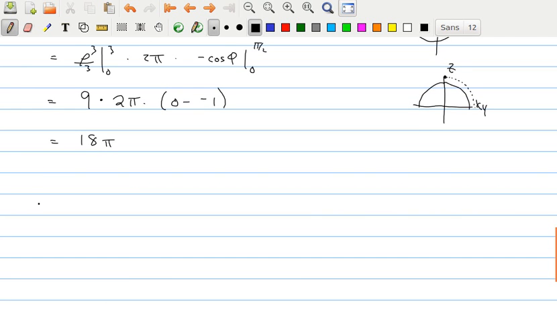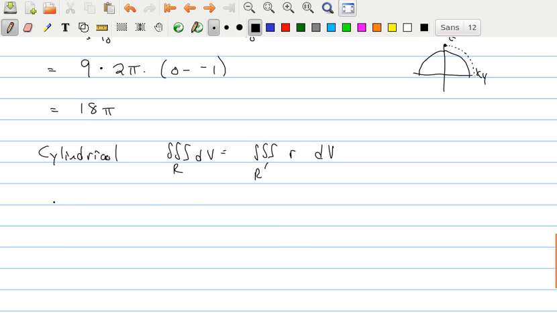So just to summarize those two main points on there, in cylindrical, you're going to take this triple integral. You're just going to change your limits of integration around so they're in terms of z, r, and theta. And you're going to have this integrating factor of r.